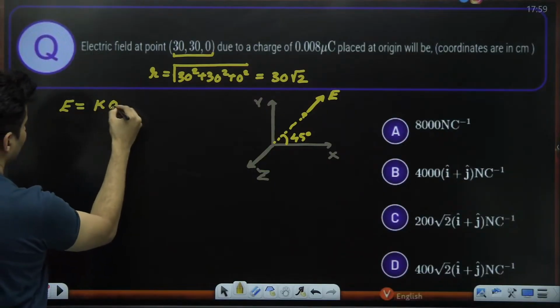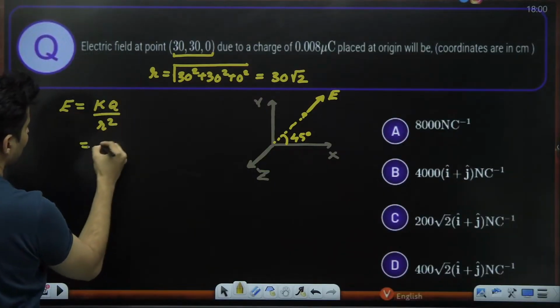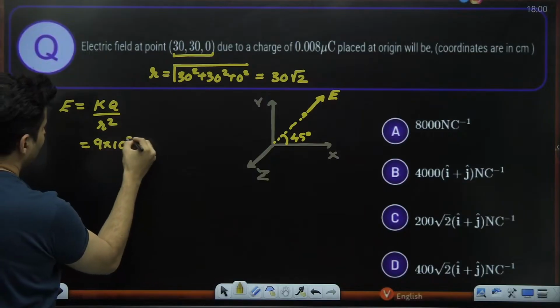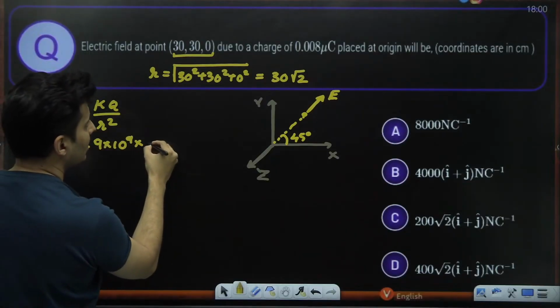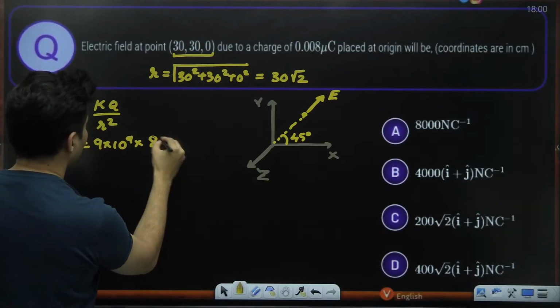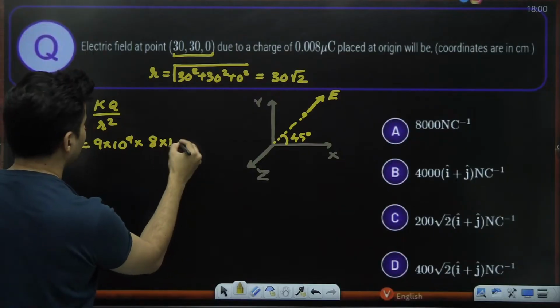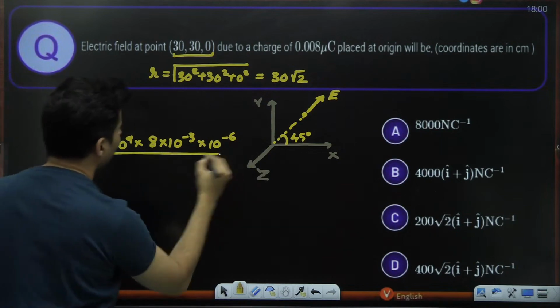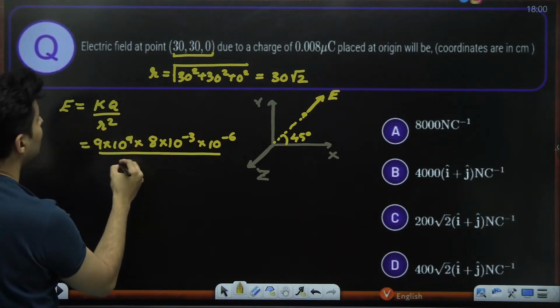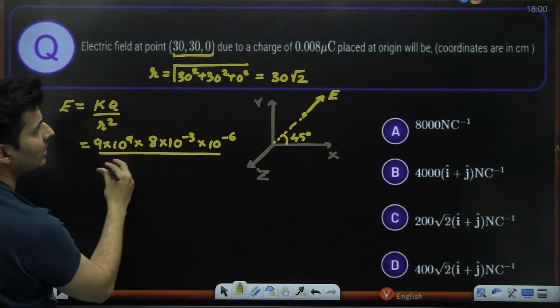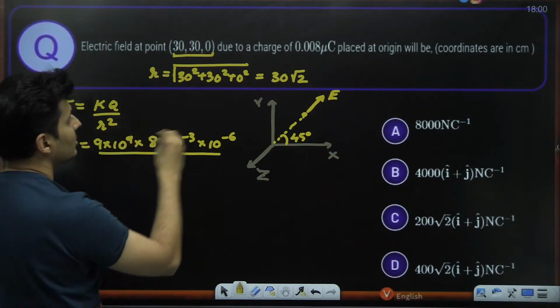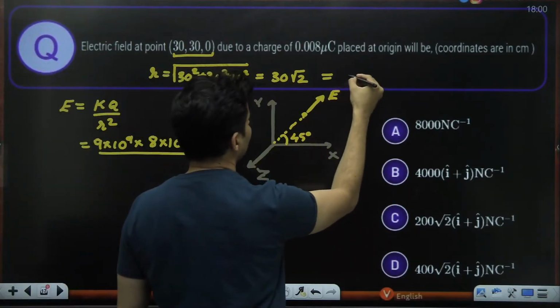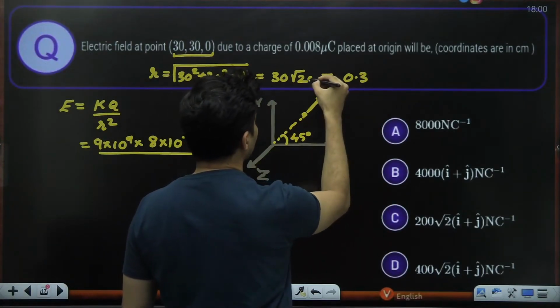Coulomb constant k Q divided by r squared. Coulomb constant is 9 into 10 to the power 9. Charge is how much? 8 micro, which is 8 into 10 to the power minus 6 coulomb, divided by r squared. r is 30, in centimeters.